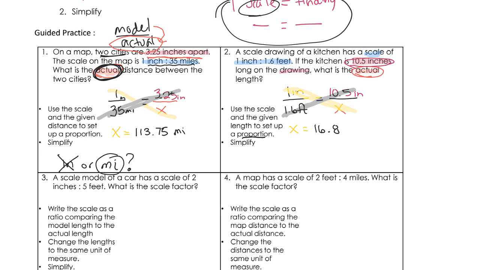Now, should it be inches or feet, do you think? Inches or feet? Hopefully you said feet, because inches is our scale drawing measurements, not the actual length of our kitchen. That would be feet. Okay?